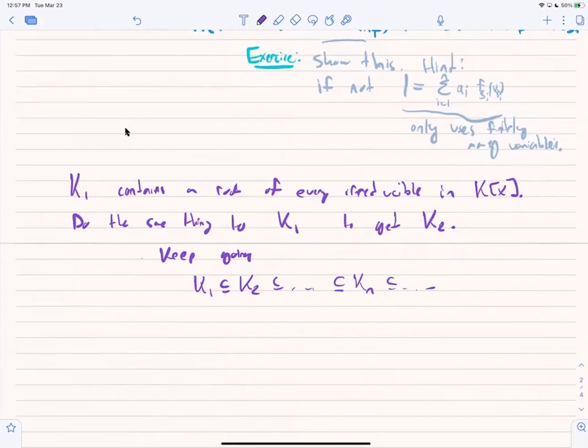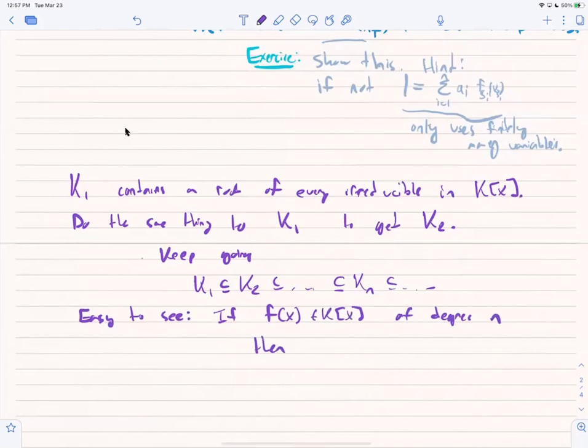And so it's relatively easy to see that if f(x) is in K[x] of degree n, then it splits completely in Kn.